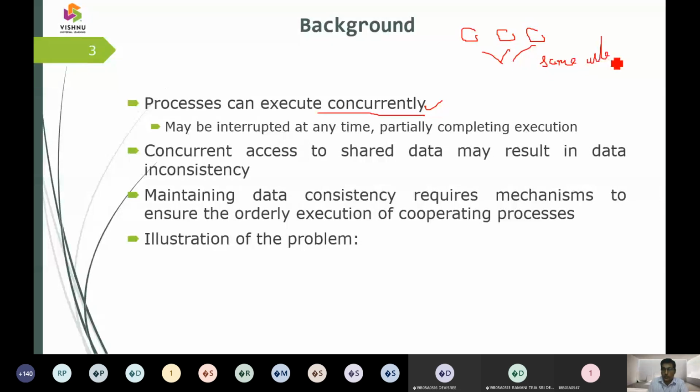So we have a resource here. I am having CPU1, CPU2 and CPU3, and all of them ask for the same device at a time. At that time, the concurrency problem occurs.